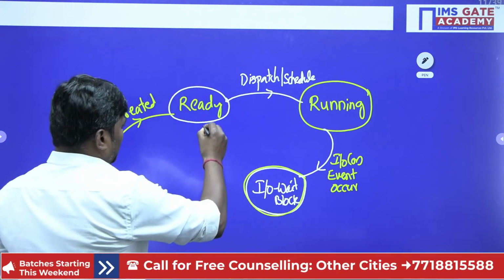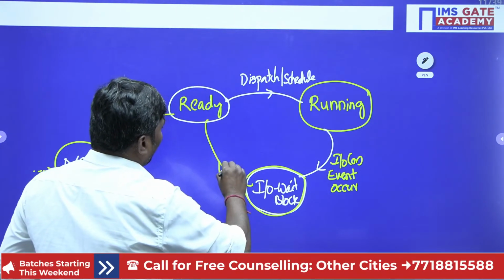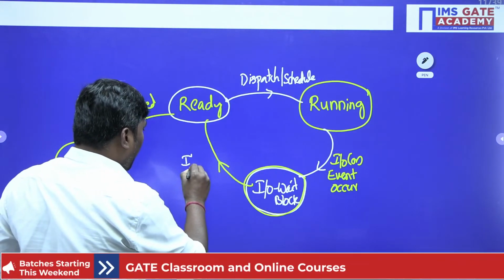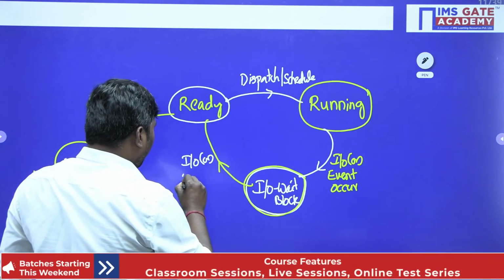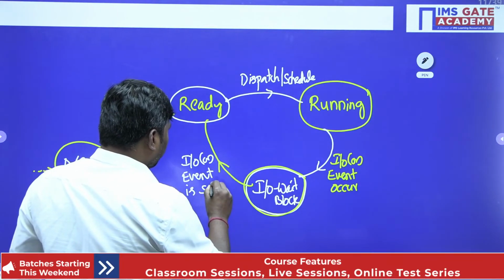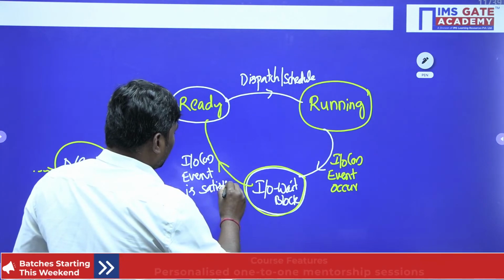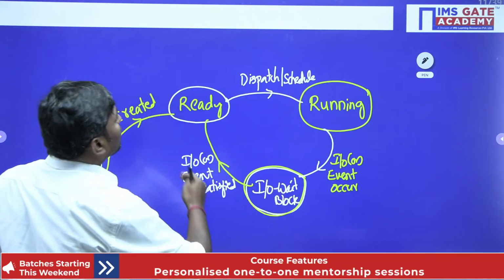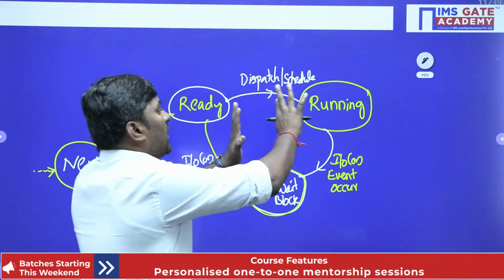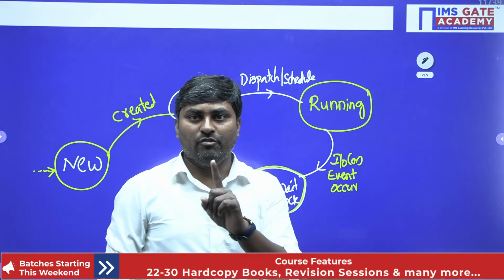Then the blocked process has to move to the ready state, not to the running state. So when the IO or event is satisfied, the process will move to the ready state only. You have to wait again for allocation. This is clear, right?